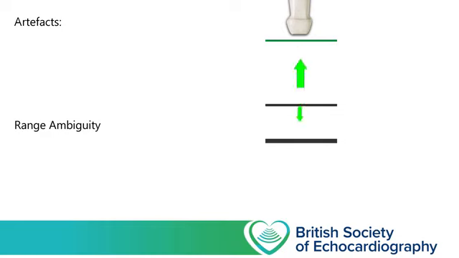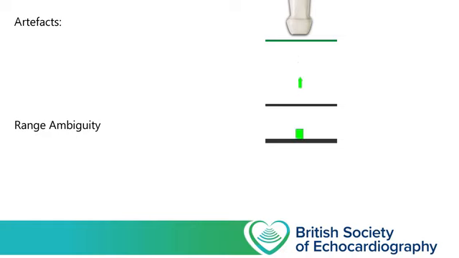So far, so simple. Now, what happens if we have energy that passes through the first line, is reflected from the second line, comes back up and hits the underside of the first line, is reflected back down to the second line, and then is reflected off the second line back into the probe?